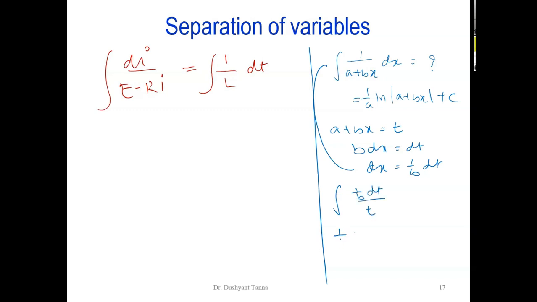Leave the 1 over b outside, 1 over t dt. Of course, we will integrate this: ln t plus c, and t is our a plus bx, so 1 over b ln a plus bx plus c. So that's a proof. Had you not known it, or had you forgotten, that is how to integrate this.